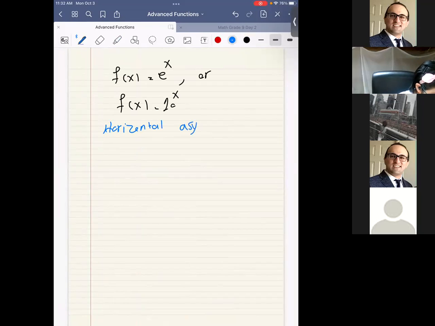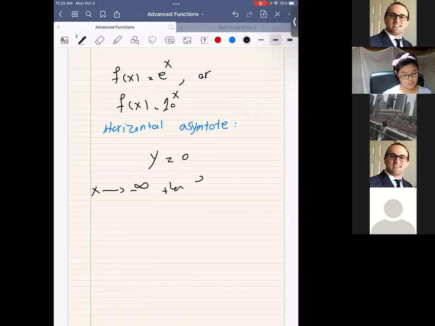What is the horizontal asymptote of these? y equal to 0, because when x goes to minus infinity, f of x goes to 0.